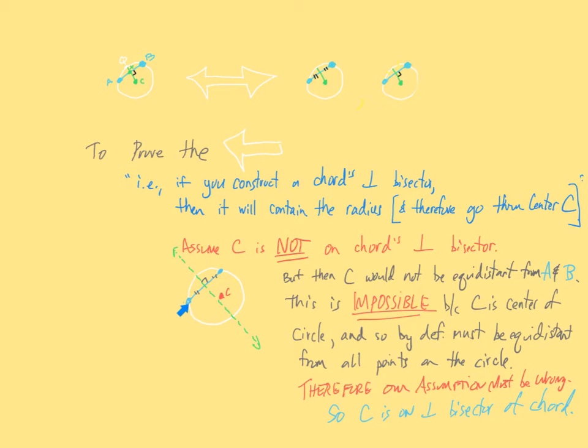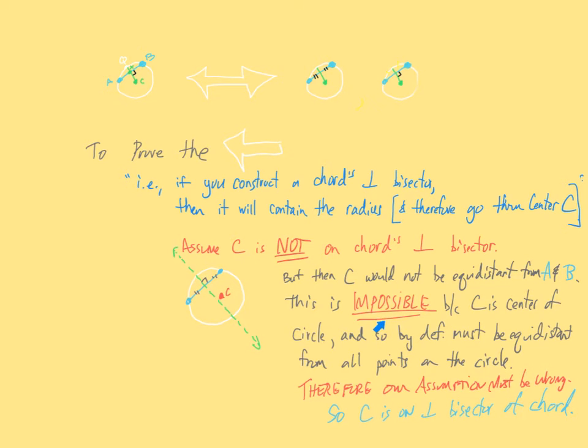Because the perpendicular bisector theorem says if you're equidistant from the endpoints of a segment, you must be on the perpendicular bisector. Well, if C is the center of the circle, by definition, it must be equidistant to these points. But that's impossible if it's not on the chord's bisector.